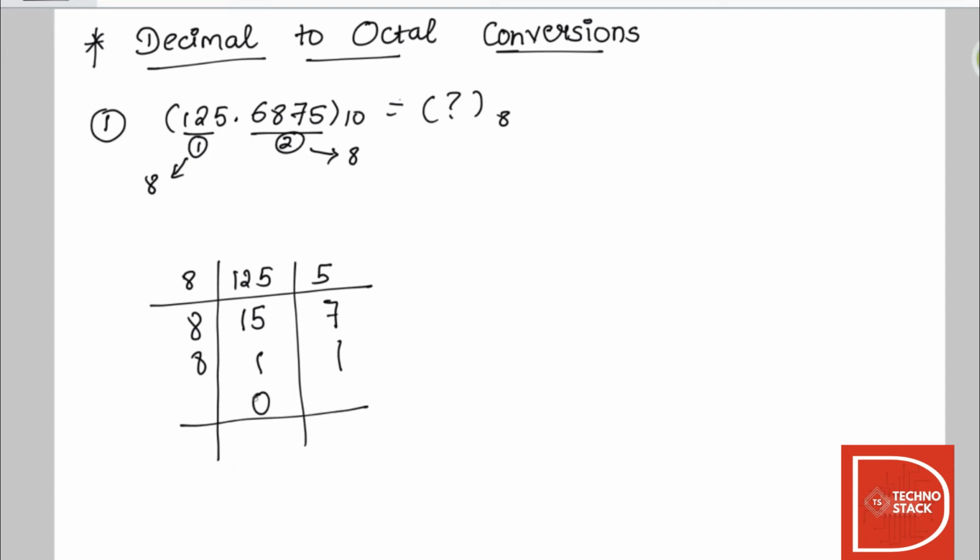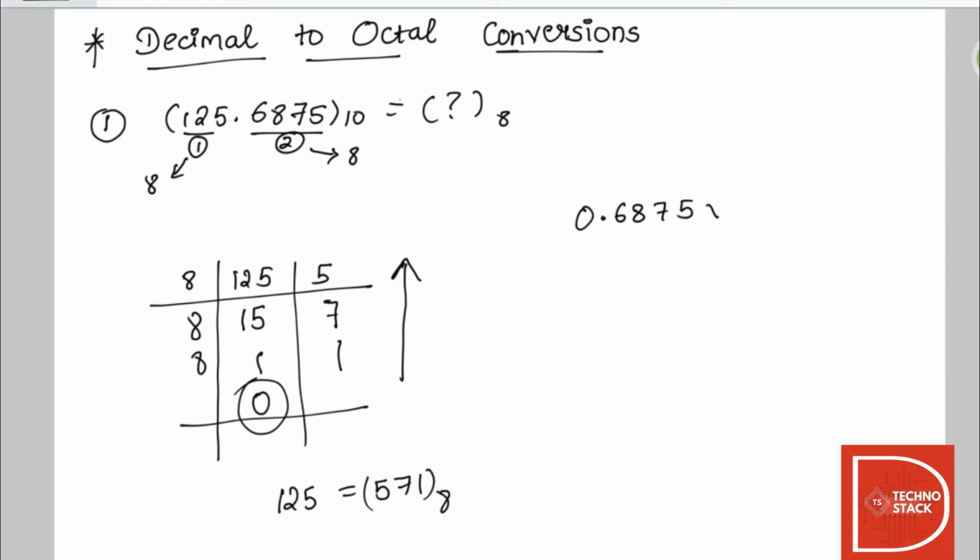So here we got quotient equal to 0, so we'll stop over here. And as you all know, we'll be using the bottom-to-top version of writing it. So 125 of decimal is equal to 571 of octal.